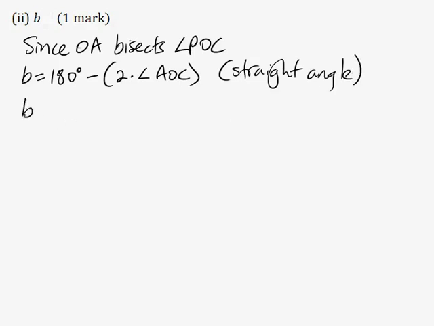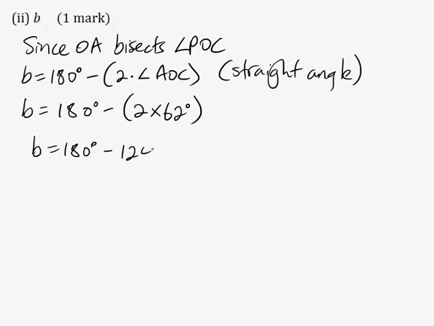So B here is equal to 180 degrees minus 2 multiplied by 62 degrees. B is equal to 180 degrees minus 124 degrees. B is equal to 56 degrees.